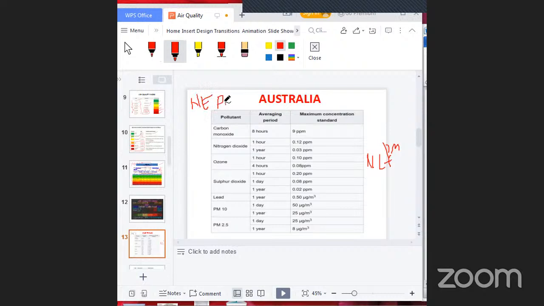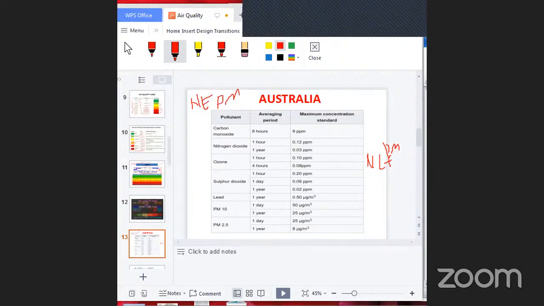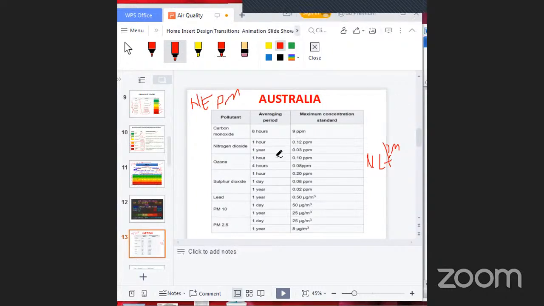Each state and territory publishes air quality data for individual monitoring locations, and most also publish their air quality indexes for each monitoring location.